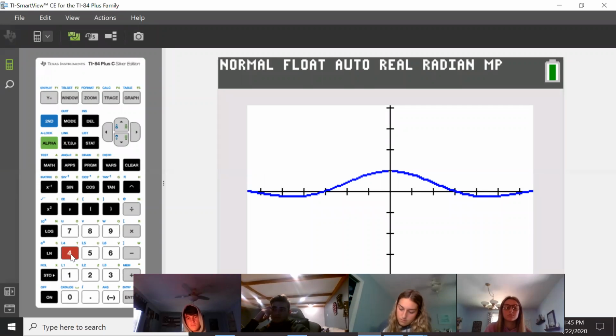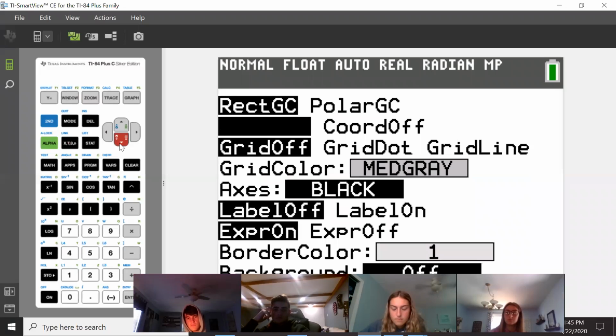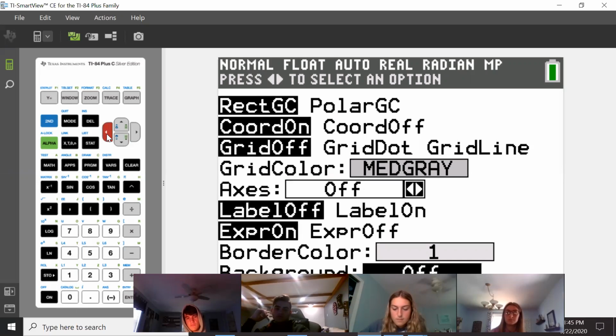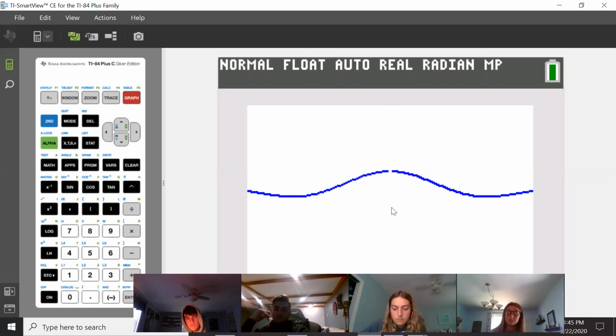But what we're really concerned about is the behavior of the graph at the y-axis. It appears to be equal to 1. But if I go here, second format, and I scroll down and turn my axes off, it's not equal to 1. There's a hole in the graph.